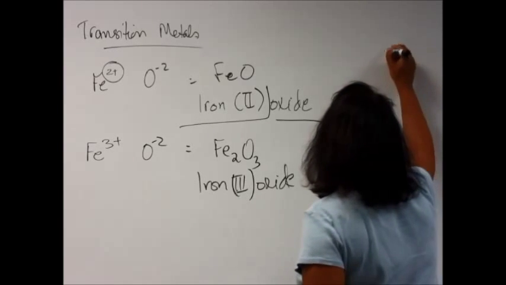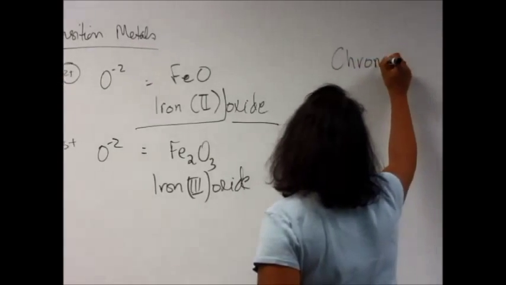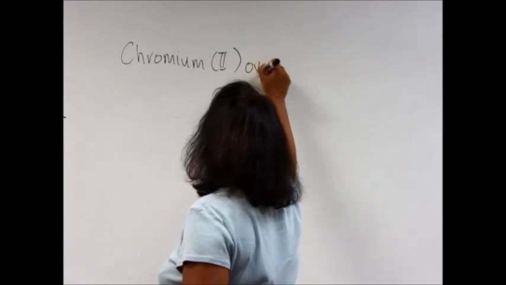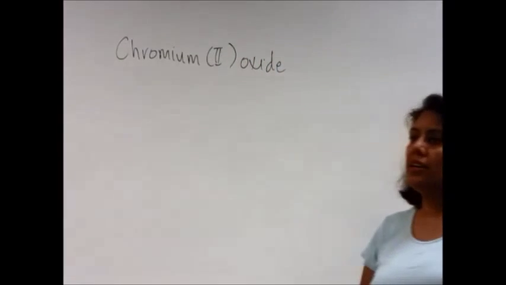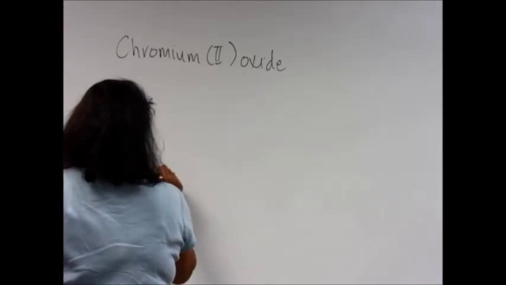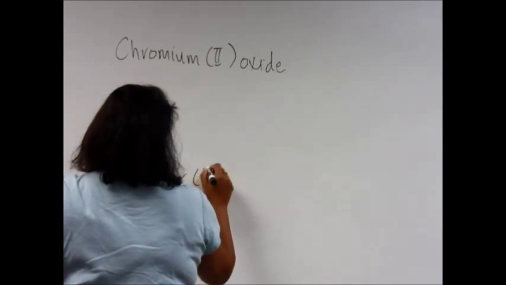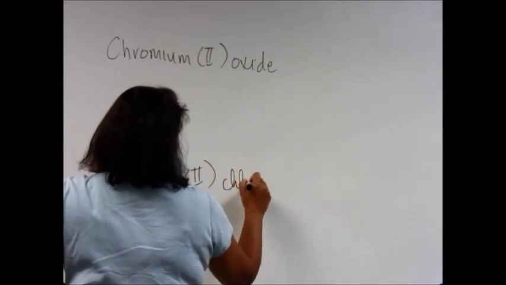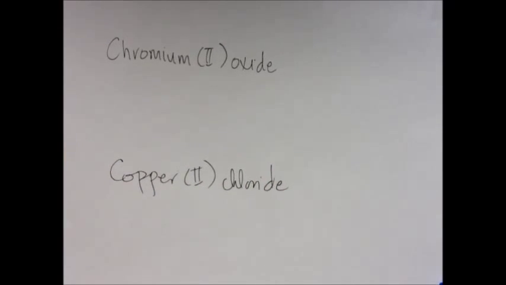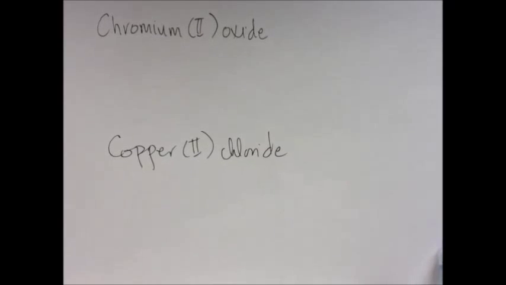So let's try something else. Let's try chromium(II) oxide. Go ahead and write the formula for this one. And if you're done, go on to the next one.